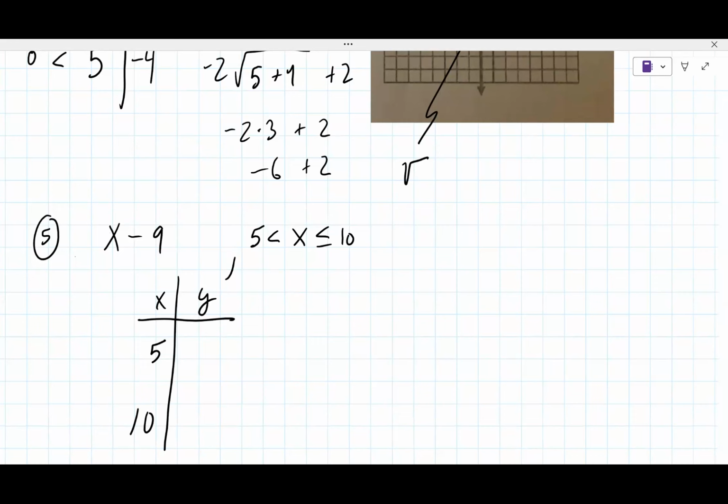Can you help me out? Put 5 in for x. 5 minus 9. -4. Okay. Now do the other x value.